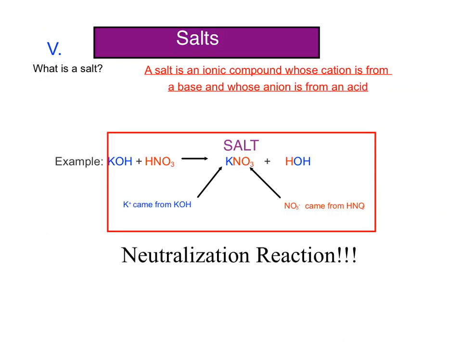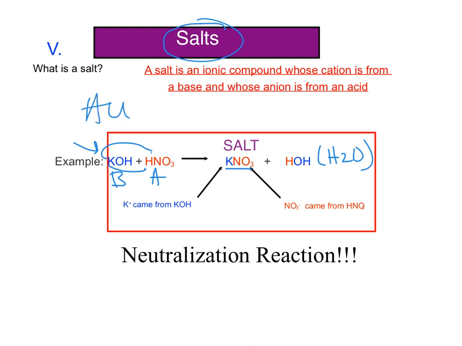Okay, lastly, what happens when you combine an acid and a base is you actually form a salt. So underneath here, you have a base, potassium hydroxide, you have an acid, nitric acid, and it's really just a double replacement reaction. The two cations swap places, so K goes with NO3 and HOH, also known as water. So sometimes it sounds scary, like, oh, what happens if you mix an acid and a base?